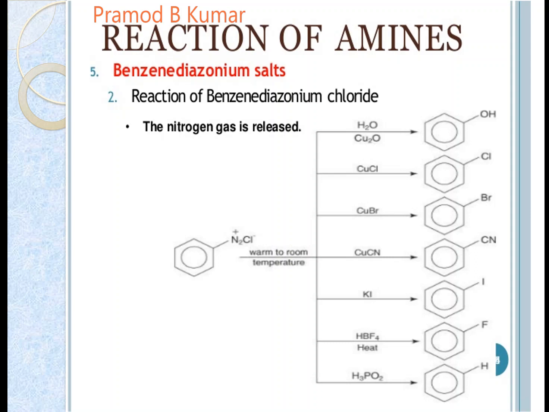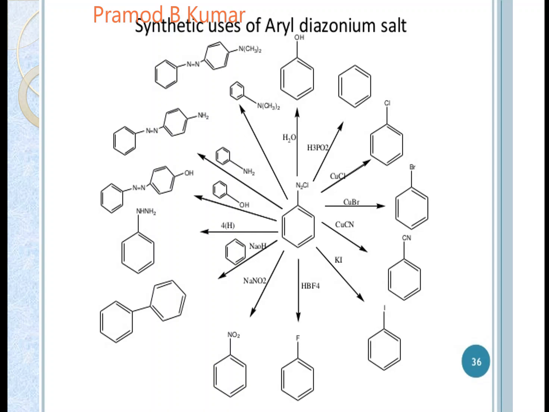This is how you can prepare various intermediates required in synthetic applications. This benzene diazonium salt is a very important intermediate. You can prepare a number of compounds using benzene diazonium chloride. These are some of the reactions that diazonium salts undergo.